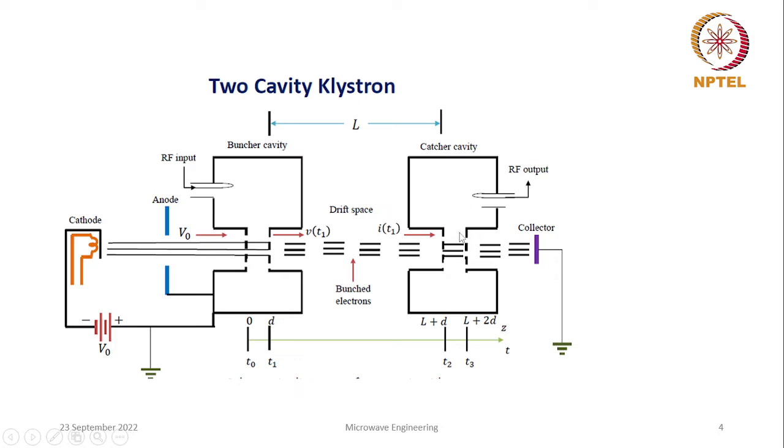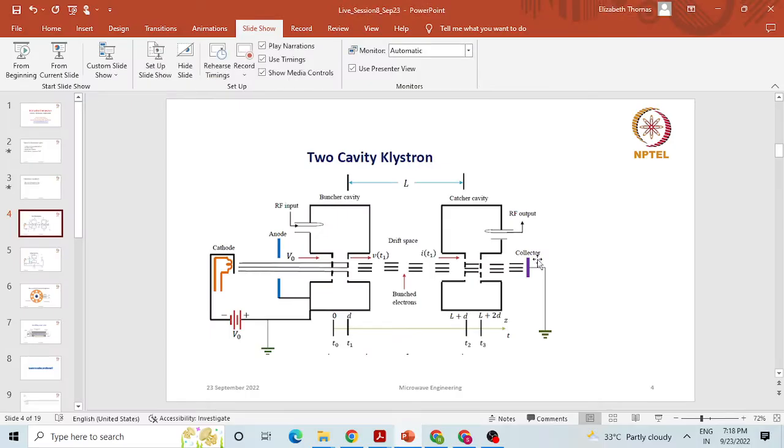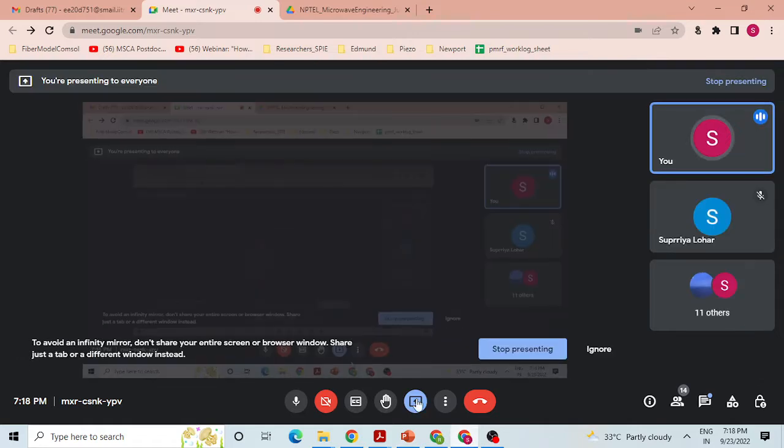The electrons which lose kinetic energy are slowed down, and those slowed down electrons are collected by the collector. So this is a very brief idea of the two cavity klystron. Let us now look at some of the questions.